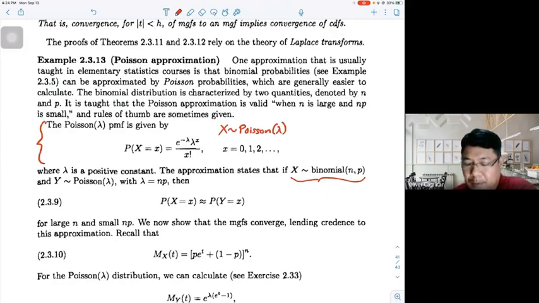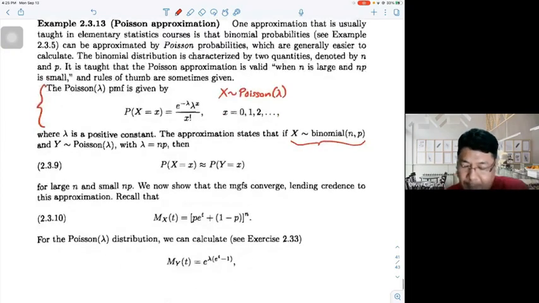So if X has a binomial distribution with parameters n and p, and Y has a Poisson distribution with parameter lambda, then if we let lambda be equal to np, the point probability that X is equal to x is approximately equal to the point probability that Y is equal to x, for large n and small p.